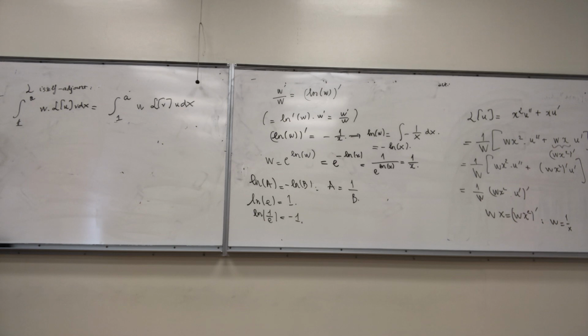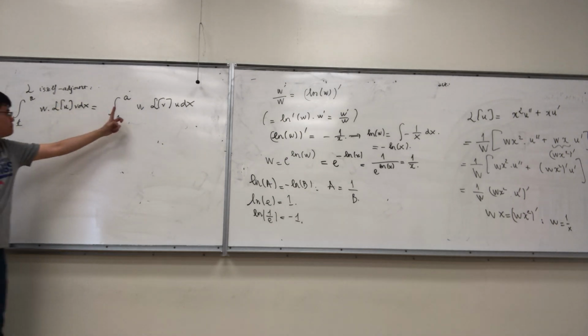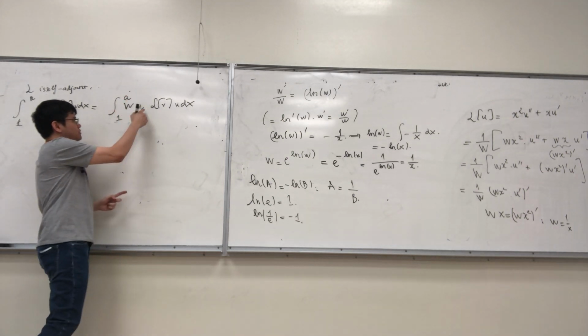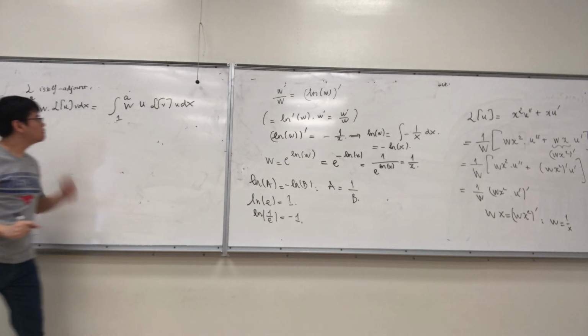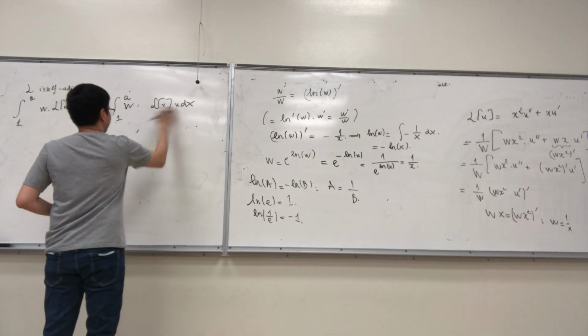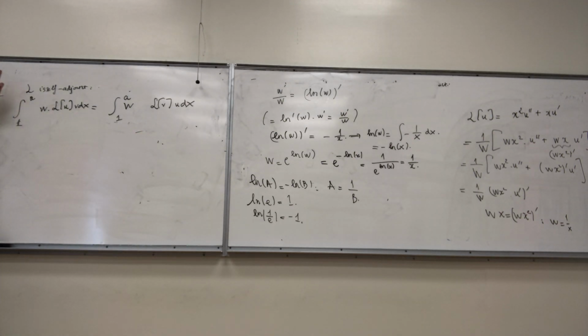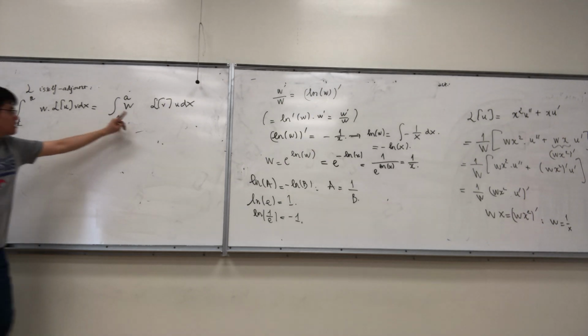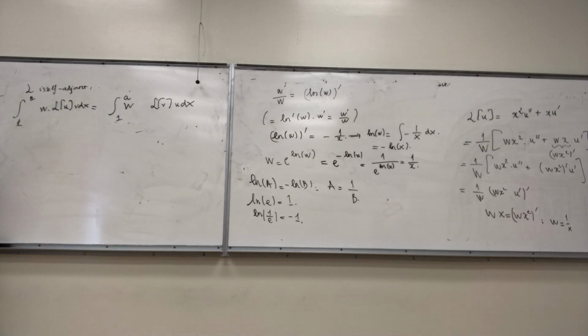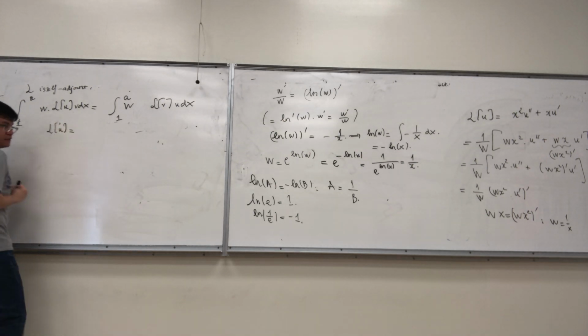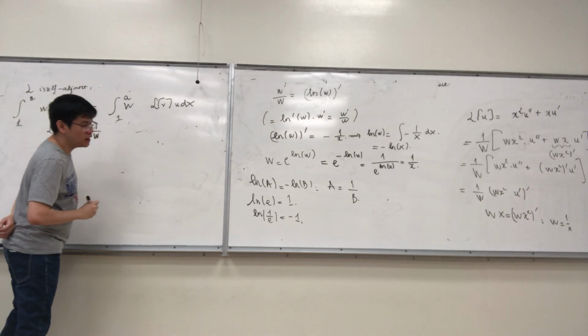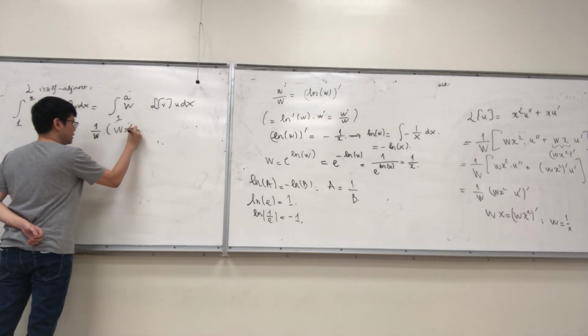I'm going to show you that this operator is self-adjoint under that weight, so that w L(u) v is equal to w L(v) u. From that expression, L(u) will be 1 over w times (w x squared u prime)'.